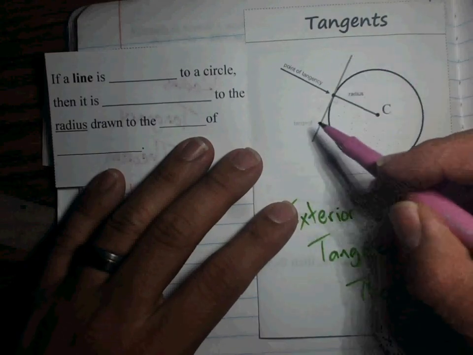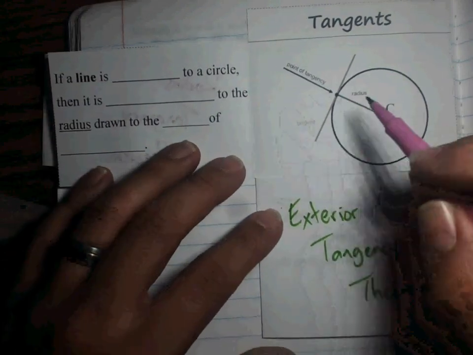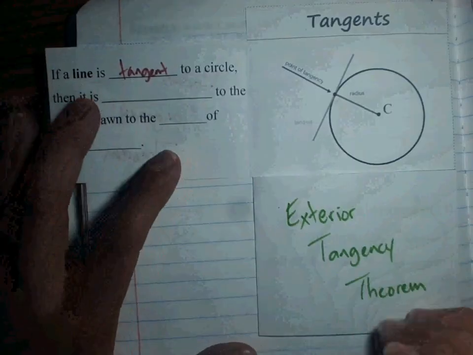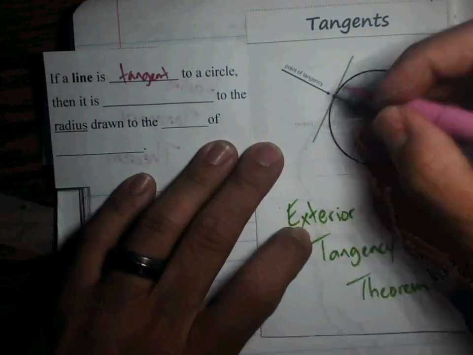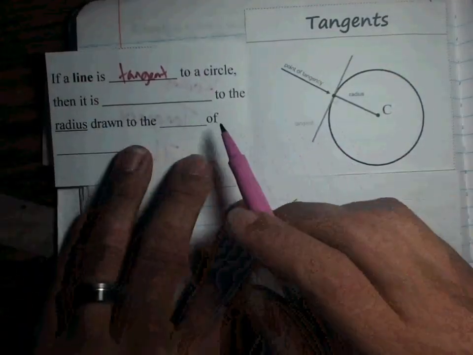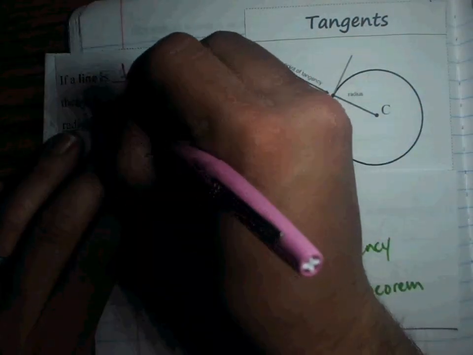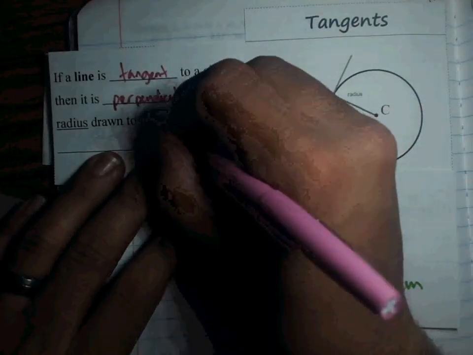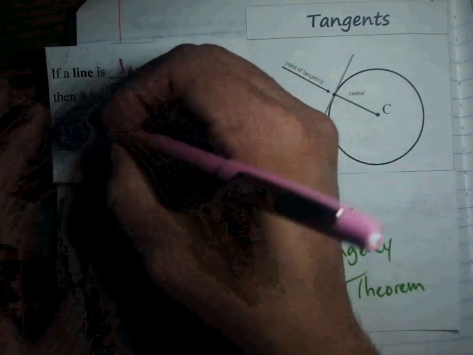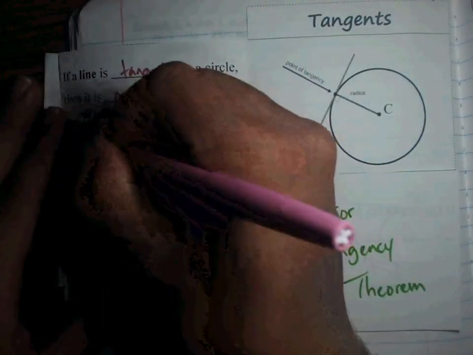If a line is tangent to a circle, this tangent line that we're looking at happens to be this one, then it is perpendicular to the point of tangency. Perpendicular to the point of tangency.